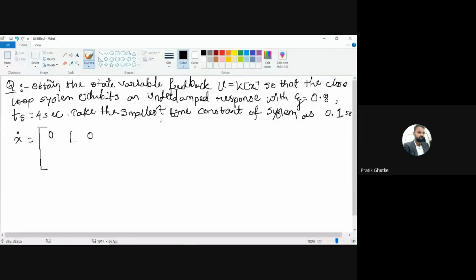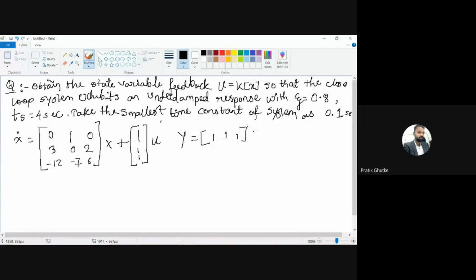What is this B matrix? It is 1 1 1 matrix, 1 1 1 into U. And what is this C matrix they have given? It is a row matrix 1 1 1. So this is your A matrix, this is your B matrix, this is your C matrix.